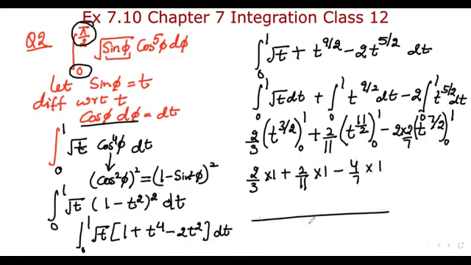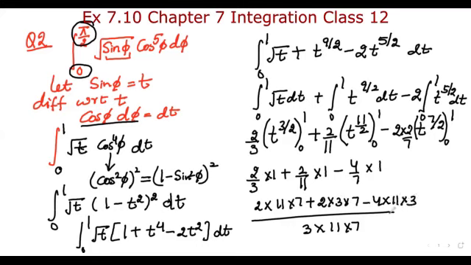Now if I take the LCM, the LCM will be 3 into 11 into 7. This will be the LCM here. Now on solving it, I will get 2 into 11 into 7 plus 2 into 3 into 7 minus 4 into 11 into 3.